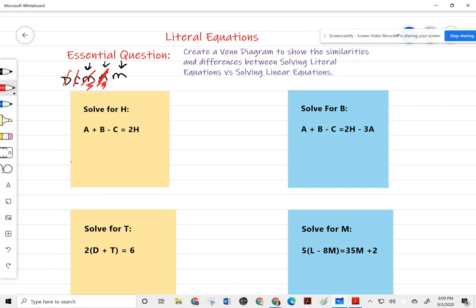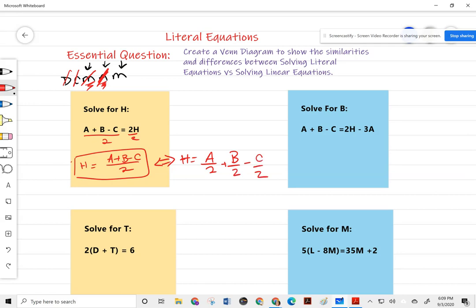This means 2 times h, so we are going to divide by 2, and h is simply equal to a plus b minus c all over 2. That is also equivalent to h is equal to a over 2 plus b over 2 minus c over 2, if I were to break up that fraction.